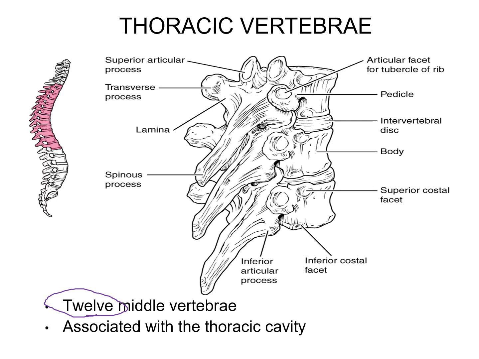This is really easy to remember, because we have 12 pairs of ribs that join on each side. We have left and right ribs, and each pair joins with its respective thoracic vertebra. The first ribs are touching T1, the second ribs are touching T2, and it just goes in that order.